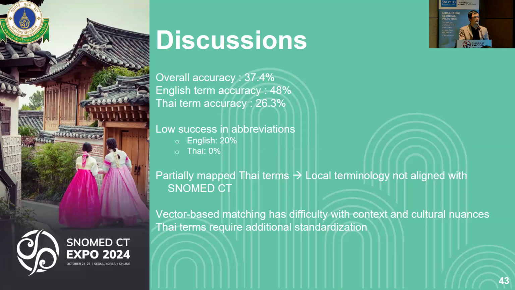Also, in this study we just used the FSN. We didn't include the synonyms or the descriptions of SNOMED CT. So I think if we include those, it could improve our result.